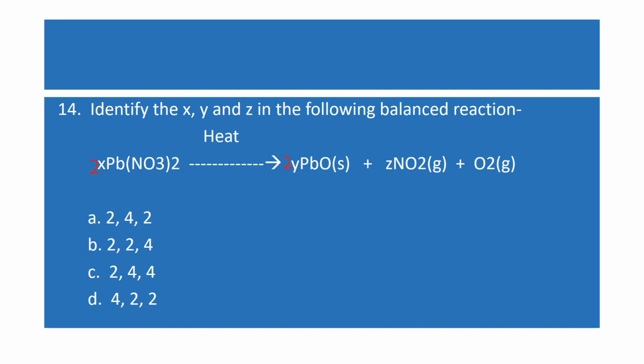So 2 Pb here, then N, 2 and 2 4. So suppose here you are writing 4. And then CO3, 2 3s are 6, 6 2s are 12. And here you see whether the O is balanced or not. 2, 4 2s are 8, 10 and 2 12. Yes, the reaction is balanced. So which option is correct here? You can see 2, 2 and 4. Then option B is correct here.